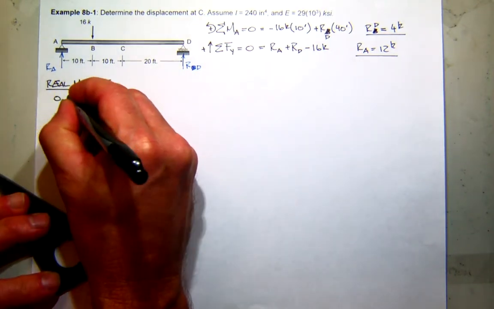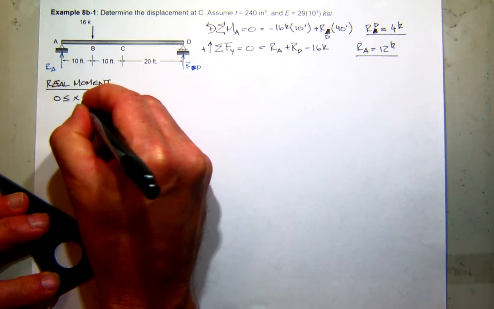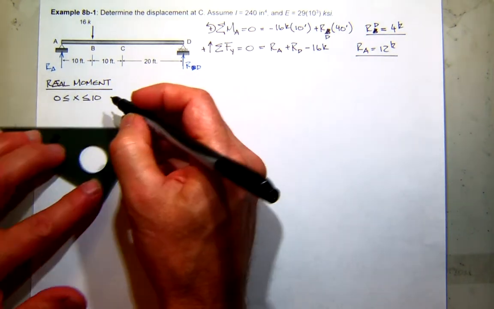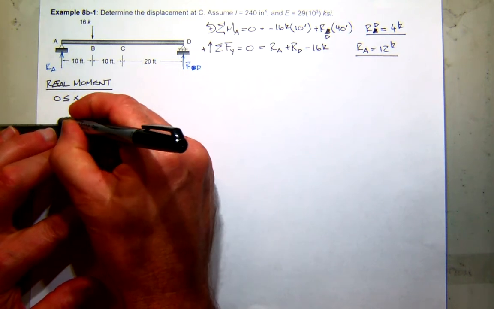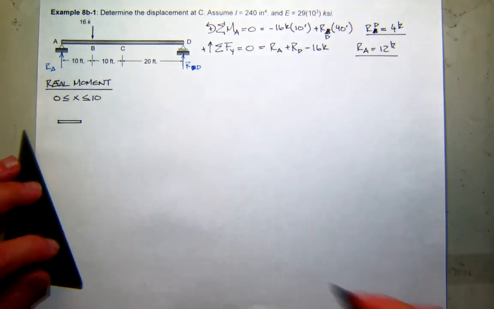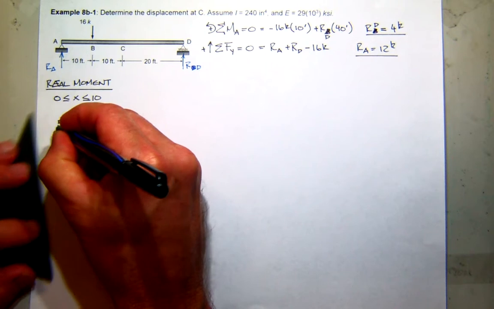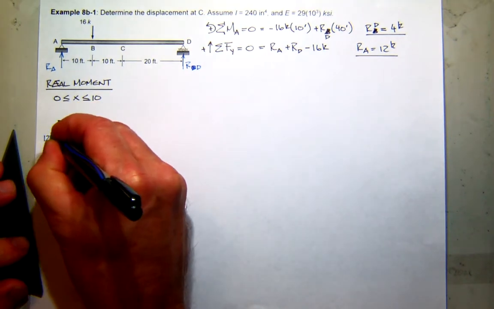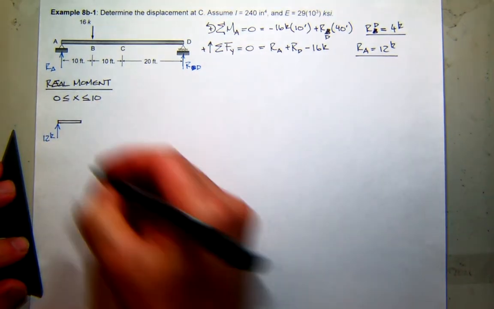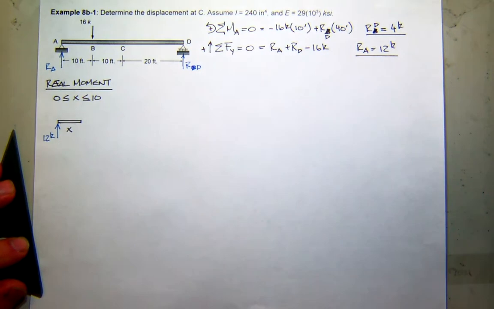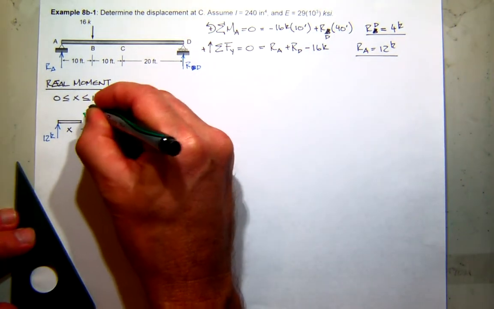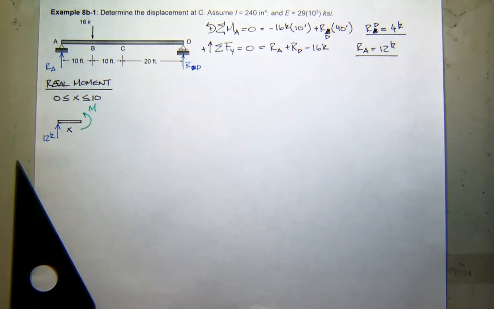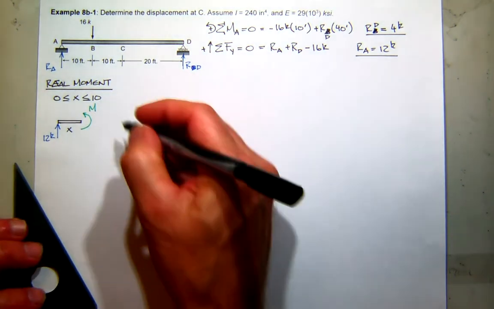So for a value of x between 0 and 10, here is the left side of the beam. The reaction at A is 12. I have my distance x, and then I have the moment M.